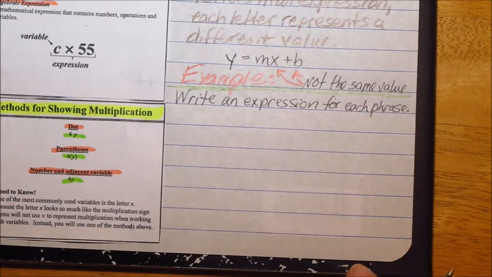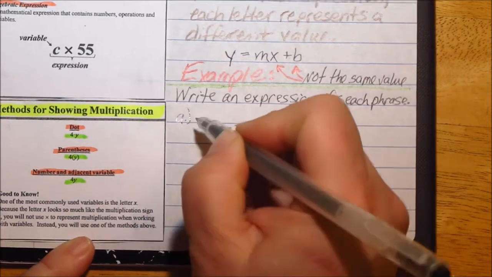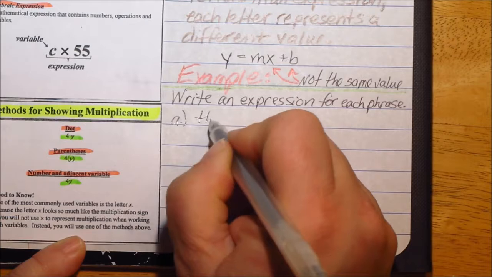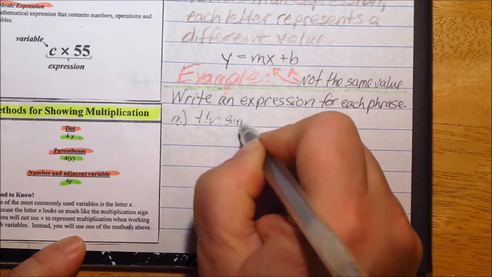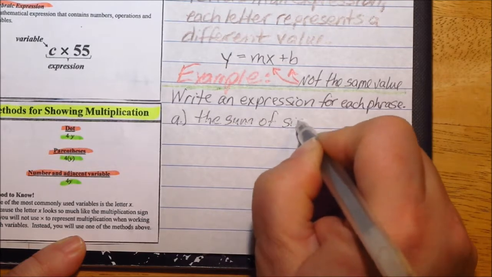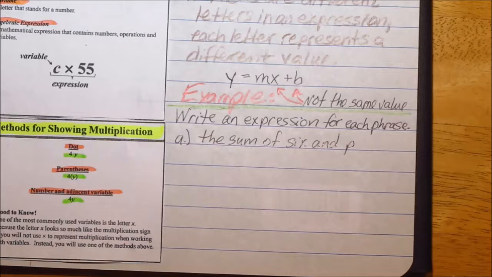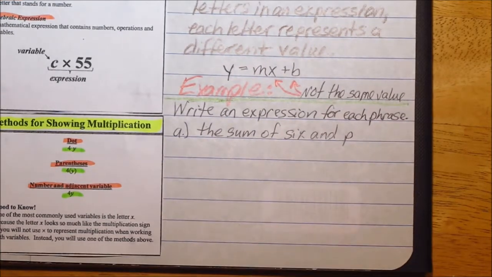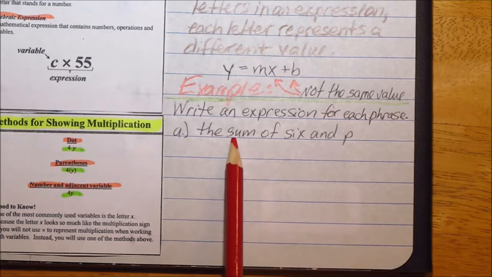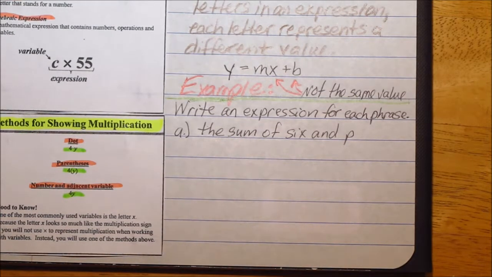All right. So, first one is the sum of 6 and p, the variable p. All right, so there's a couple of ways we can do it, because, as we know, sum means addition, and in addition, order doesn't matter with addition.